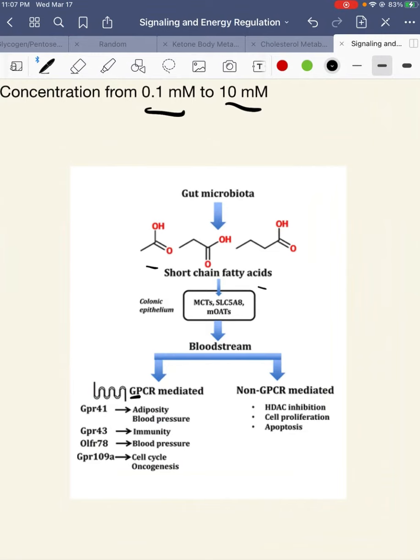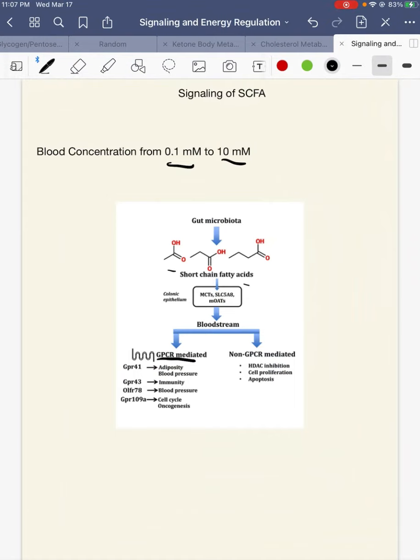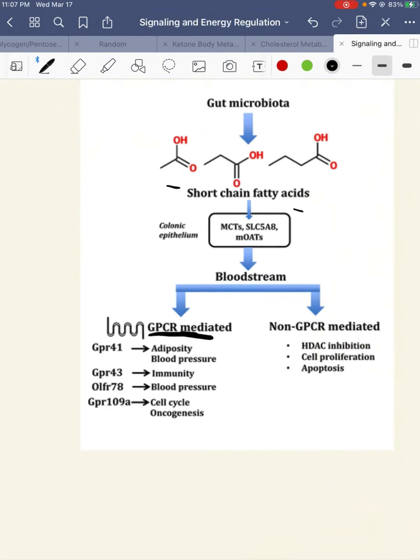They bind through GPCR. This is important because short chain fatty acids are made by the gut microbiome, and they have a lot of mechanisms inside our body. One thing is signaling. They're able to bind through G protein coupled receptors and mediate a lot of things. They mediate blood pressure, immunity, the cell cycle, oncogenesis.